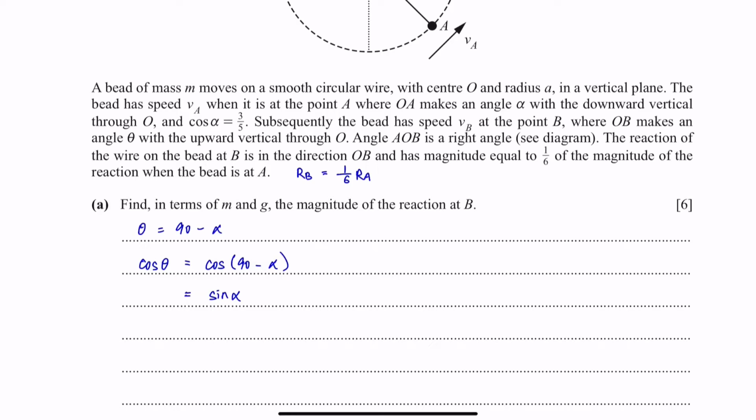So we draw a triangle. This is alpha. Cos alpha is 3 over 5, so we would have 4 here, and sine alpha would be 4 over 5. And sine theta is sine of 90 minus alpha, which equals cos alpha, which is 3 over 5.